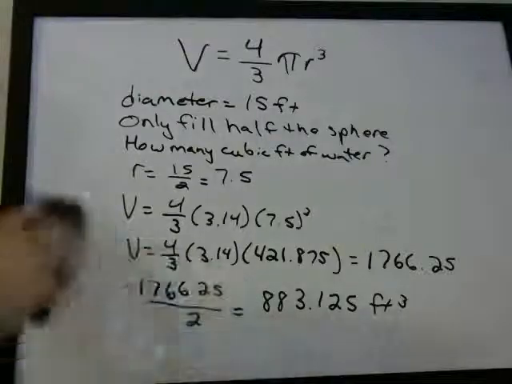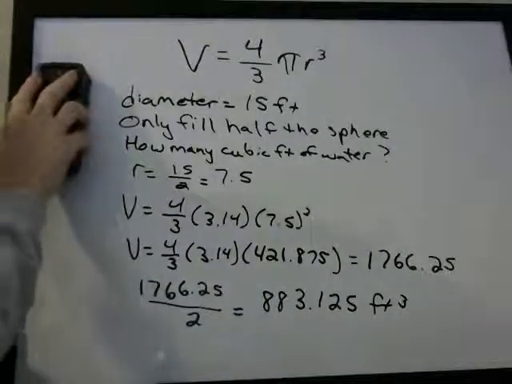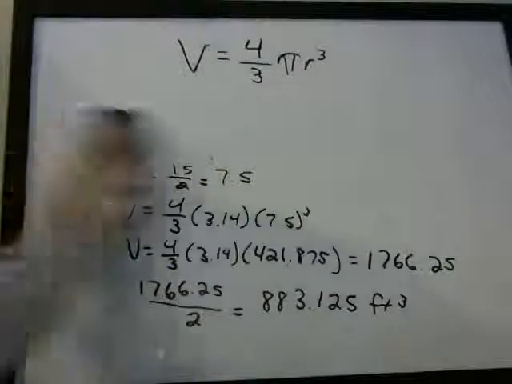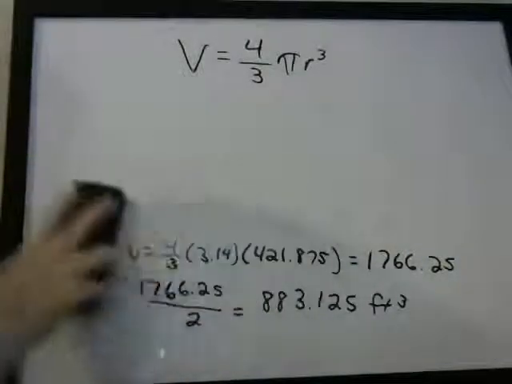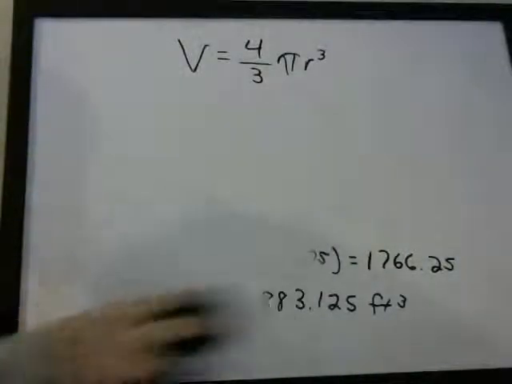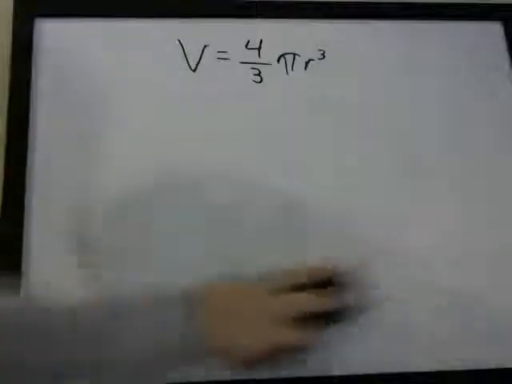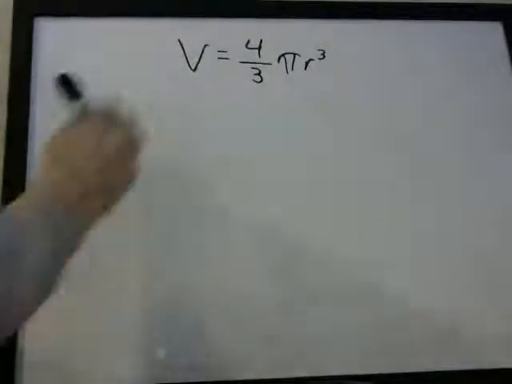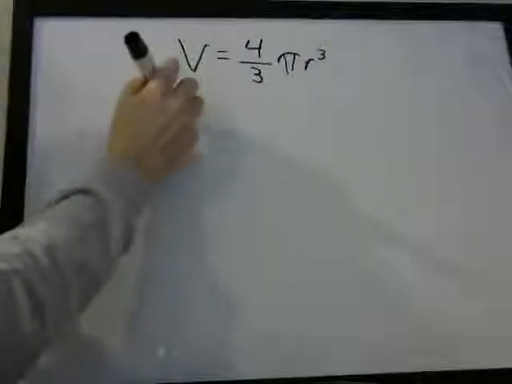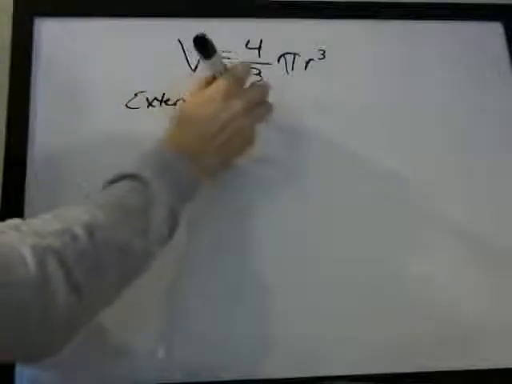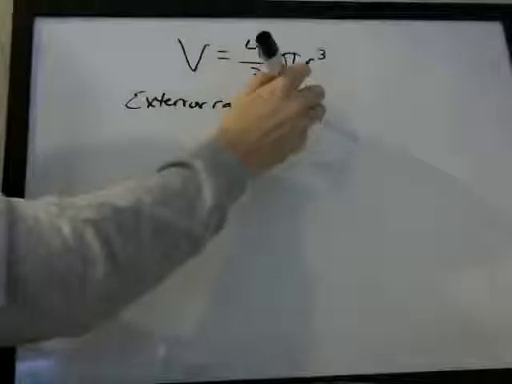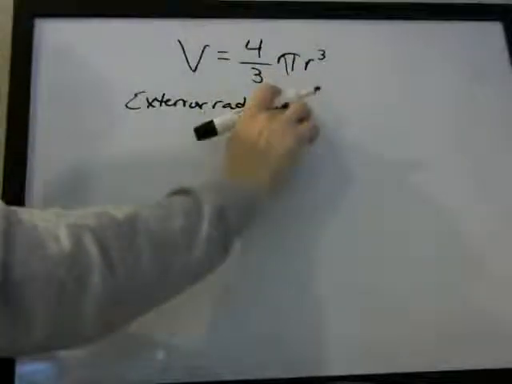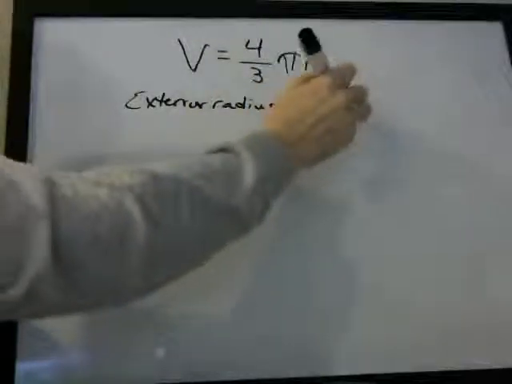Okay, we're going to do one more that's a little bit more complicated. So let's say, again, we have a sphere and it's a tank, and we're going to fill it with water. But they're going to tell us that the exterior radius is 18 feet.